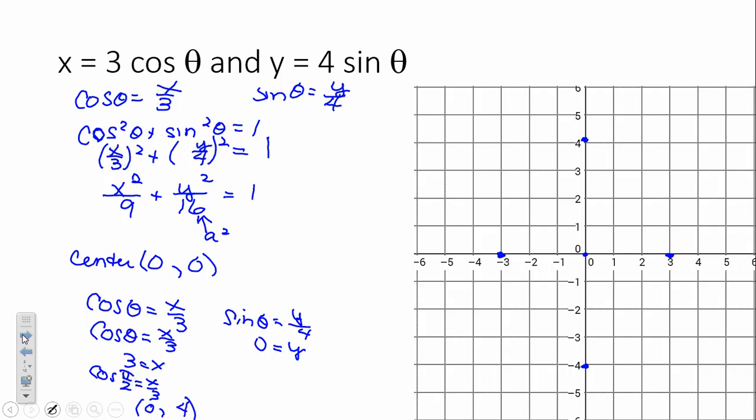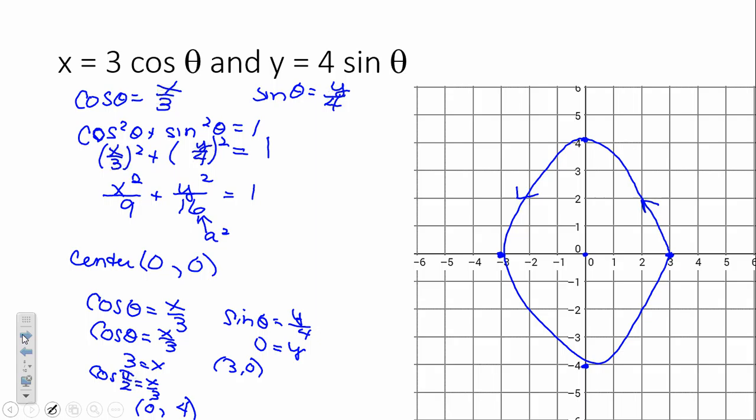So over here, we were at 3, 0, at 0 degrees. Then at 90 degrees, we went to 0, 4. So it's telling us that at 0 degrees we were here. It should likely rotate counterclockwise.